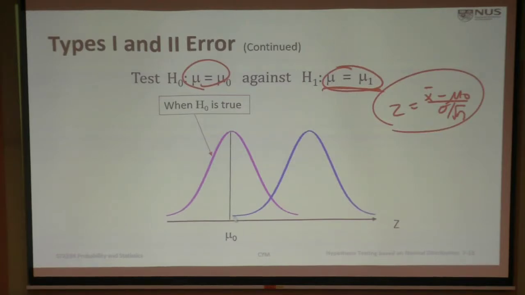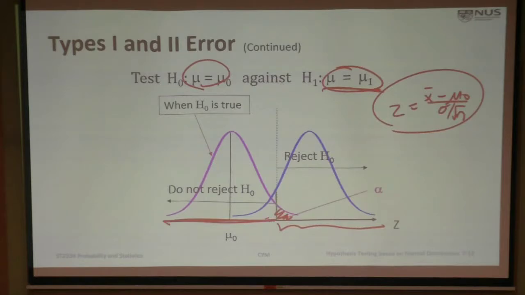So based on the test statistic, we decide that we do not reject the null hypothesis when the Z we calculate falls here. But when it falls in this range, we reject the null hypothesis. That is our decision. So the chance of committing a type 1 error, that means rejecting wrongly when the null hypothesis is true, is this part, this area, which is alpha.